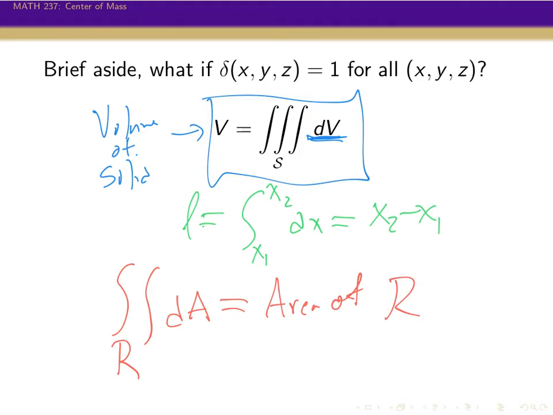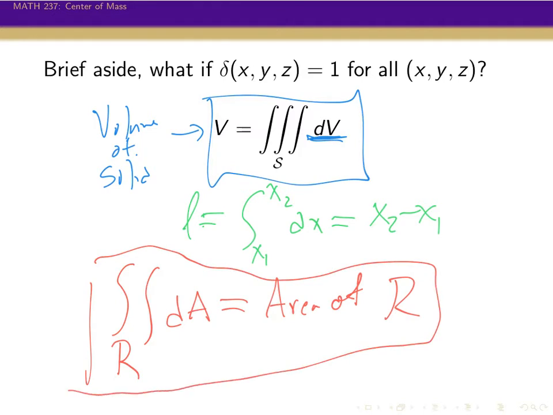And so these are some good formulas to know. This is particularly useful if you have some region that's kind of nasty, but you have a computer nearby and you want to figure out the area of it. If the computer can calculate the double integral of dA, then that's going to give you the area.